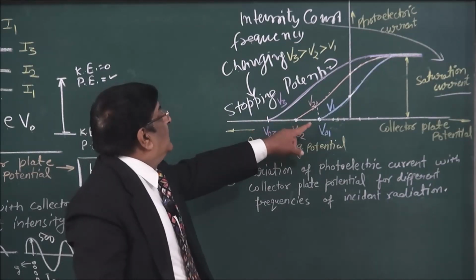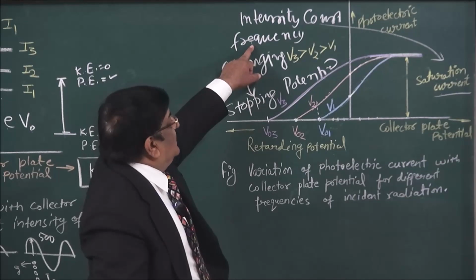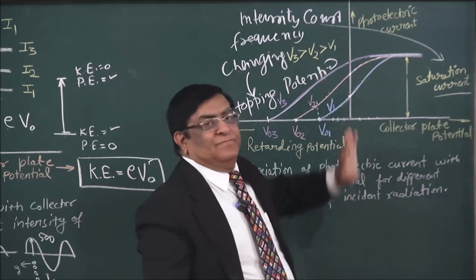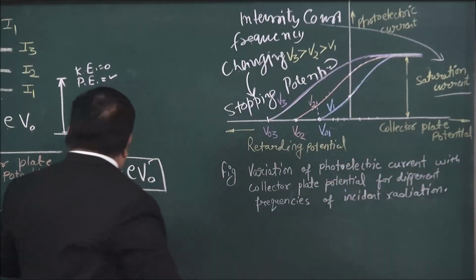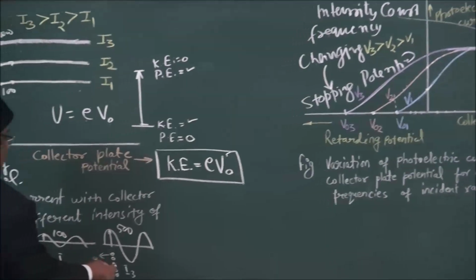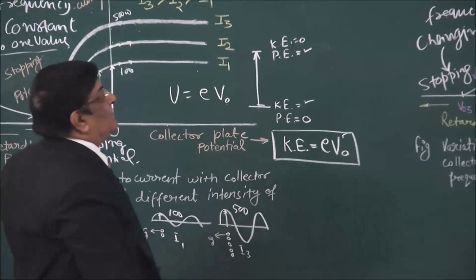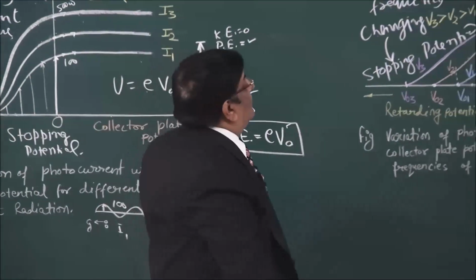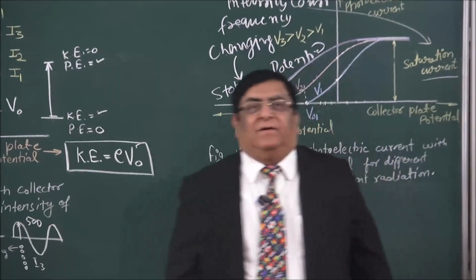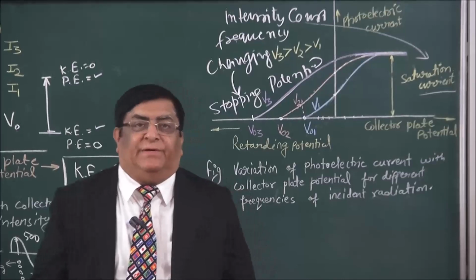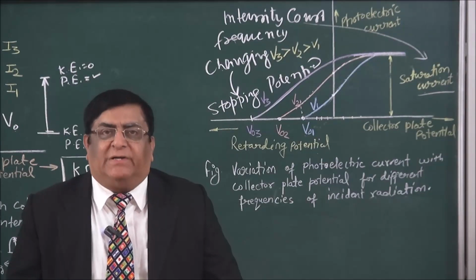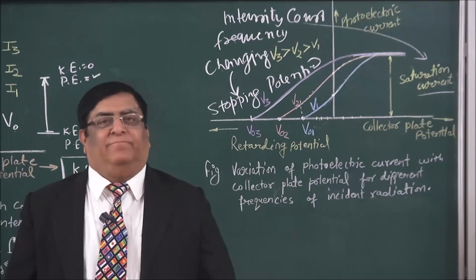So stopping potential is related to frequency and current is related to intensity. Same reason: if the intensity increases, this increases. Now, if there is the same intensity, then according to wave theory, for the same intensity, the power, the energy should be the same.